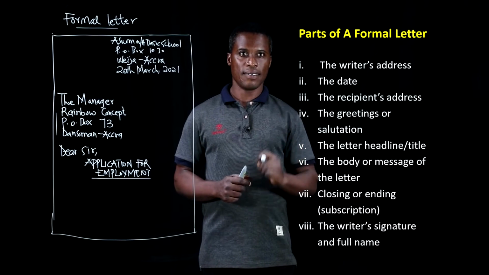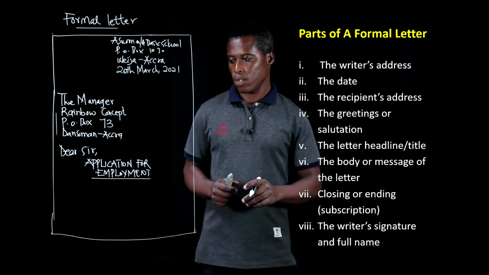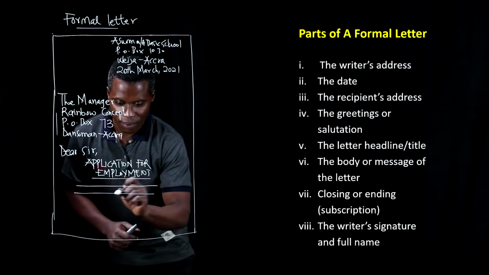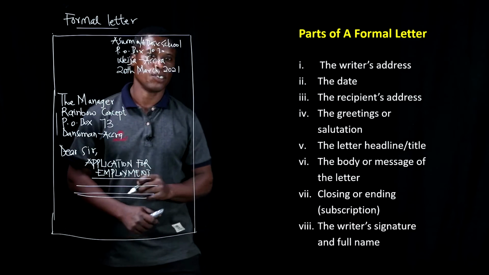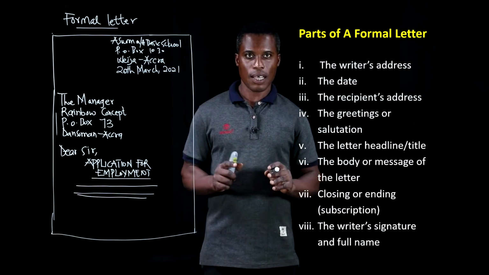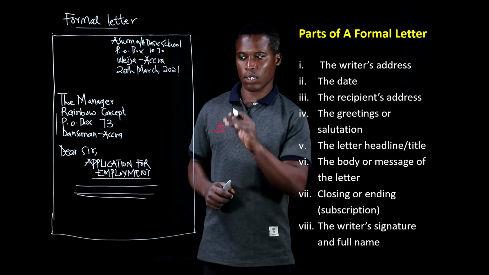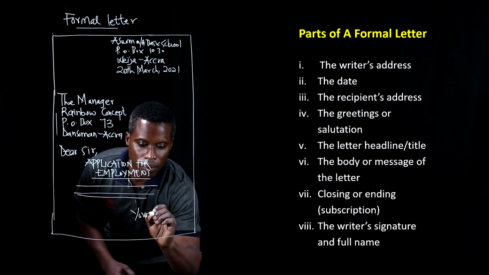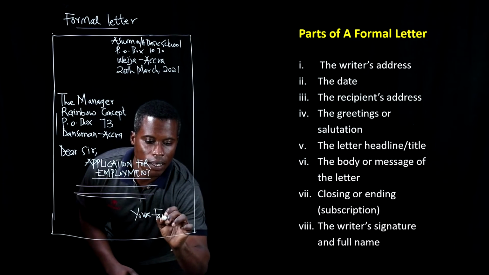The next one is the closing or ending. That is the subscription. So here you write your message. In the next lesson, we shall be looking at more details about the formal letter. So for the subscription, you write yours faithfully here.